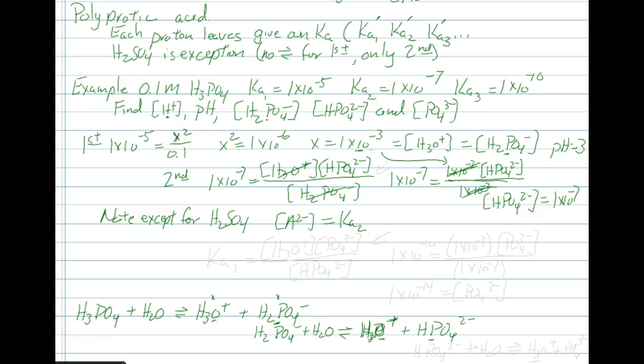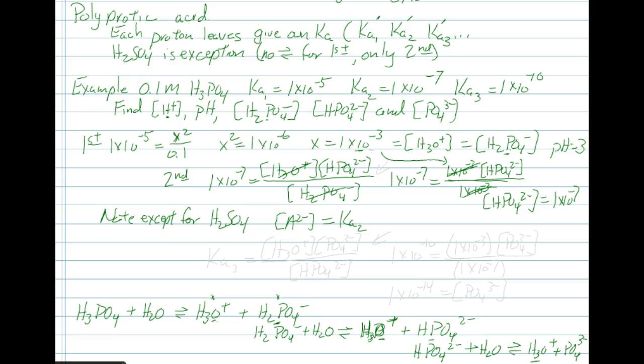We're not done yet. The hydrogen phosphate ion can now finally react with water, liquid, to form, in equilibrium, H3O plus and PO4 3 minus. This, again, is what we had before.